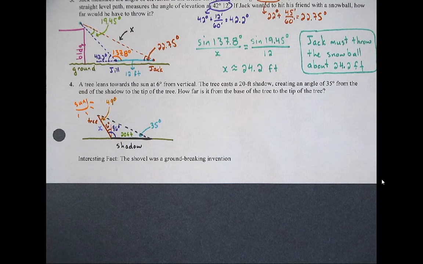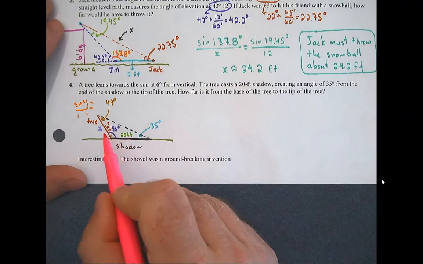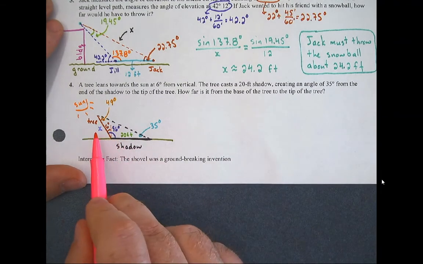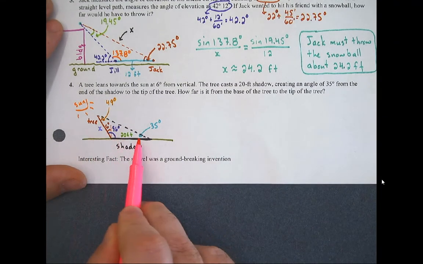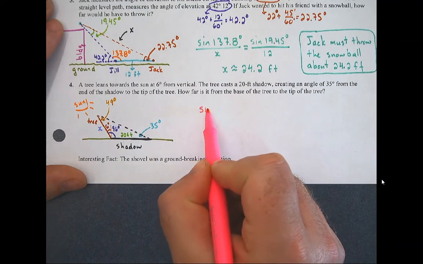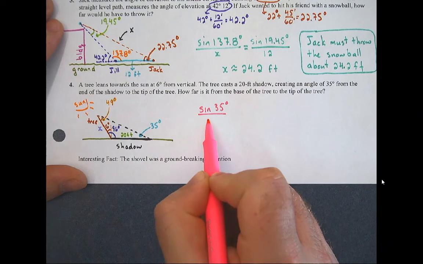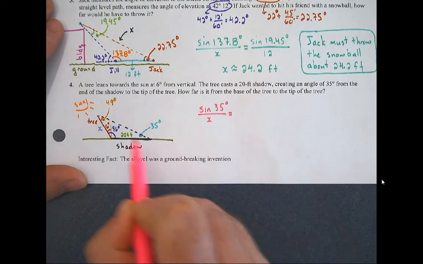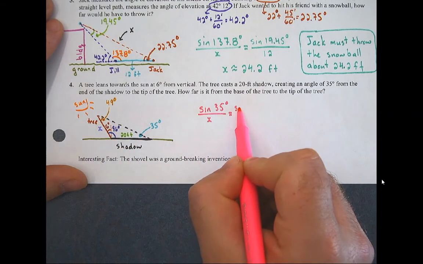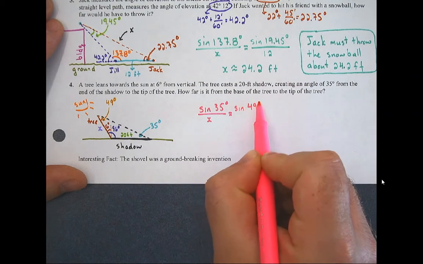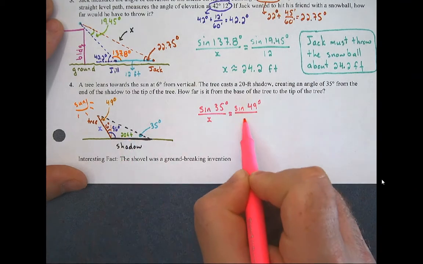So that would look something like, I'm going to start with the side that I want. That means I need the angle: sine of 35 degrees over x, equals sine of 49 degrees over the side that I know, which is 20.